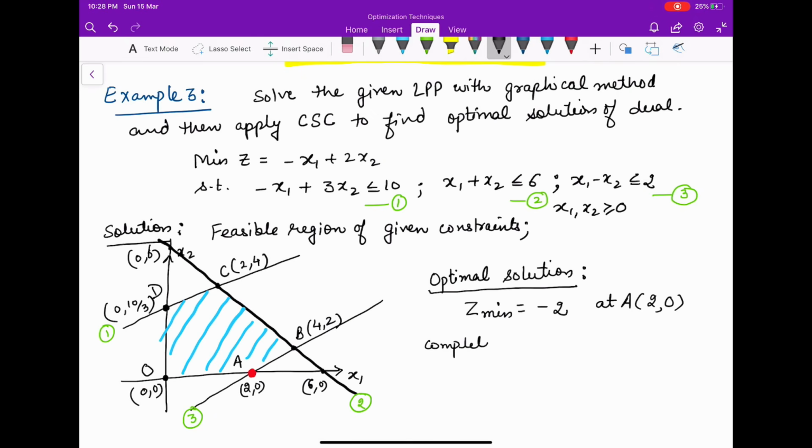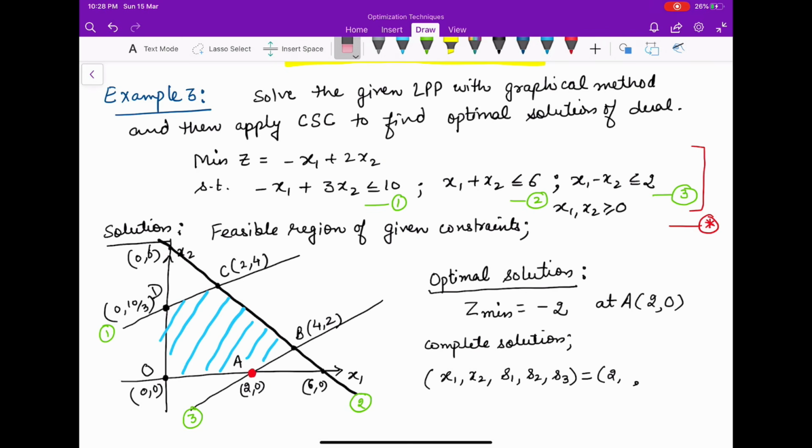To find the complete solution, you again convert the given LPP (star) into the equality system and then substitute x1, x2 in the star to find the slack variables. So the complete solution is x1, x2, and then you require 3 slack variables in these 3 constraints. By substituting x1, x2, which is 2, 0, we can find the value of S1.